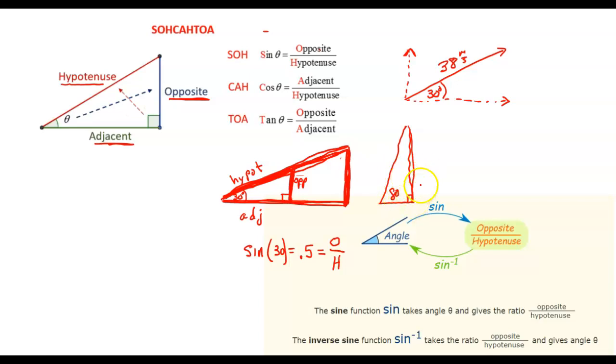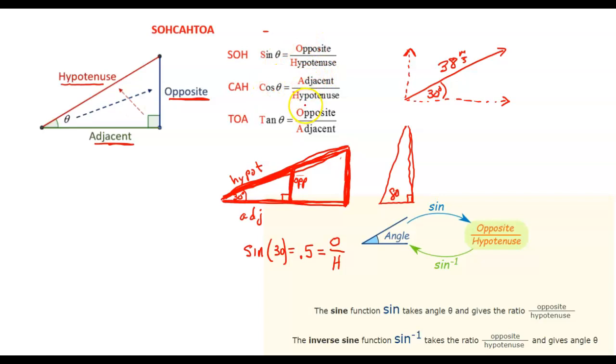But if I make this triangle bigger, the ratio of the opposite divided by the hypotenuse still holds true. We're going to use these to solve this problem for us. There are three ratios that you need to know. Sine is opposite over hypotenuse. As a reminder, we say SOH: sine is opposite over hypotenuse.